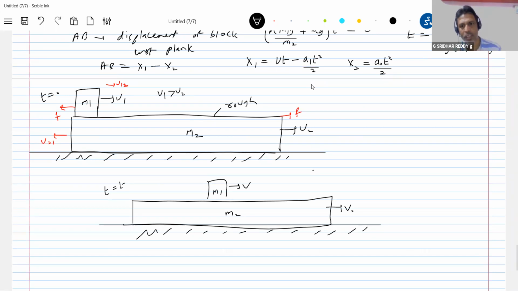Okay, fine. So you try to work out the problem. This is also the same thing, and there's a distance AB: what distance the block has moved with respect to the plank. And if u2 is greater than u1, things will be a little bit different.